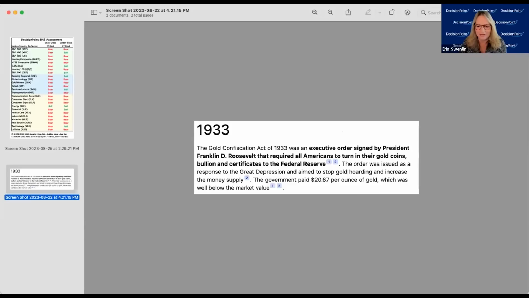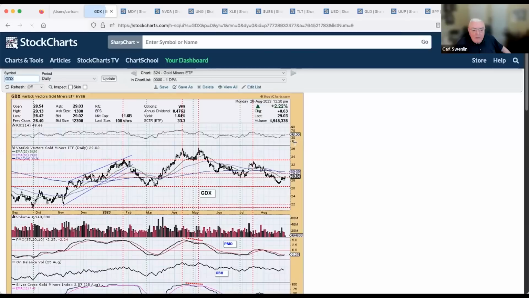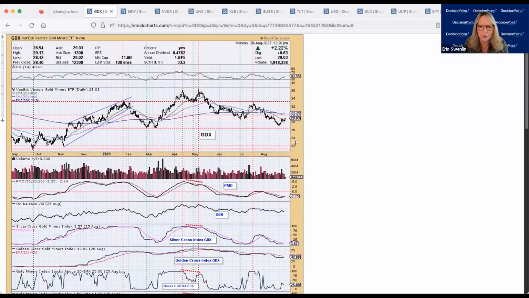All right. Did you look at gold miners? I hate to throw you back into the fire there, but no problem. Gold miners, with the new bullish look of gold, what do you see here? We've got a falling wedge formation, which is not really acute, but it's definitely a falling wedge. So that tells me it's going to go higher.